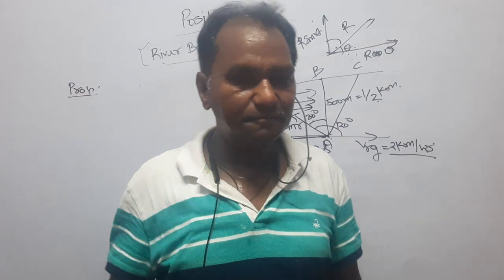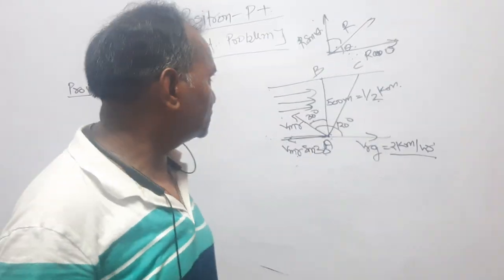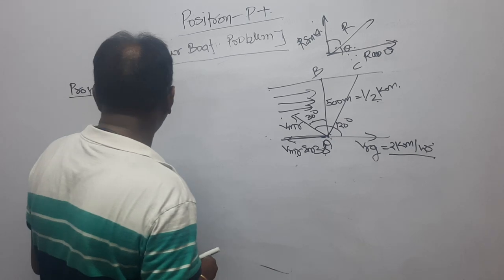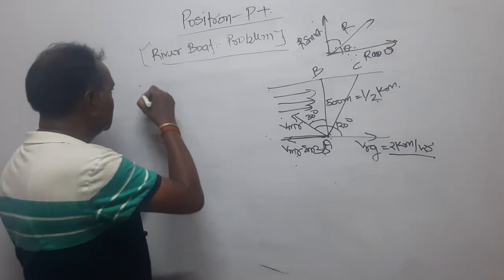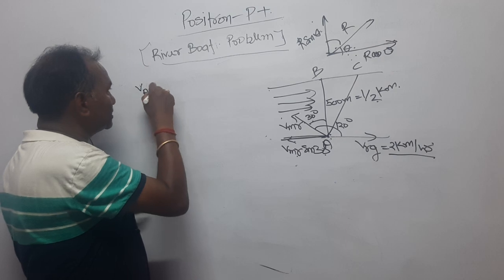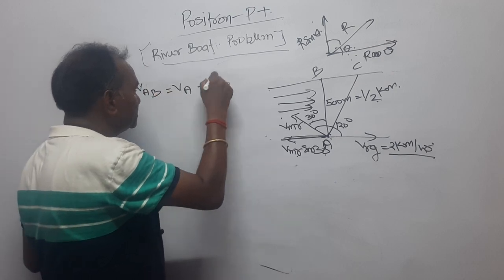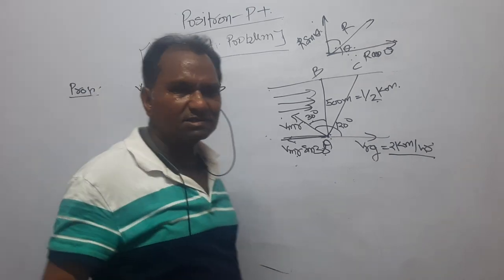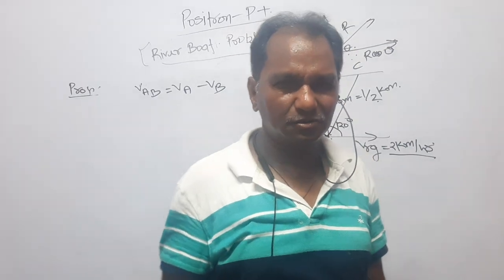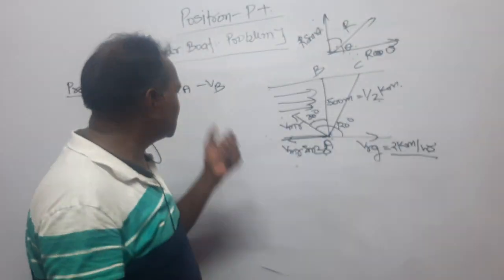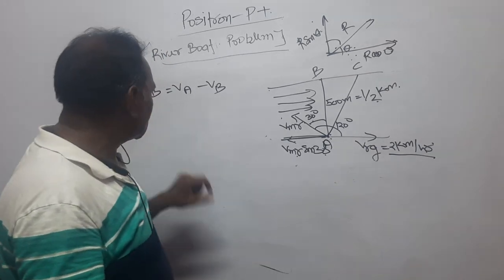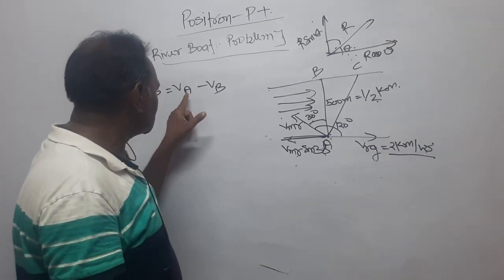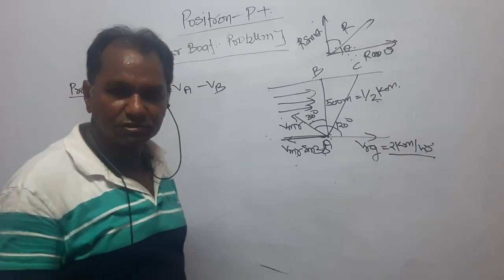In SCV, how Great Burma sir has solved it: you say velocity of A with respect to B is equal to VA minus VB. I am discussing another method to solve it. Velocity of A with respect to B is equal to velocity of A minus velocity of B.